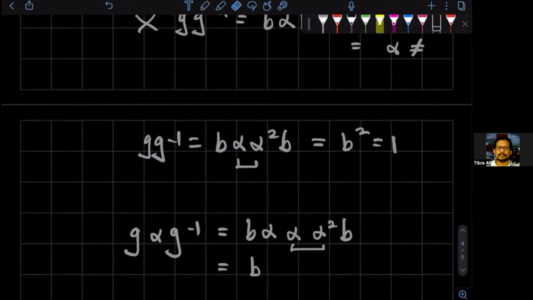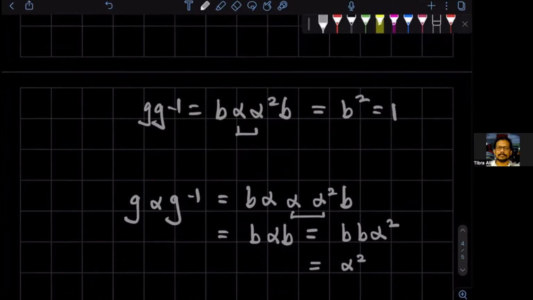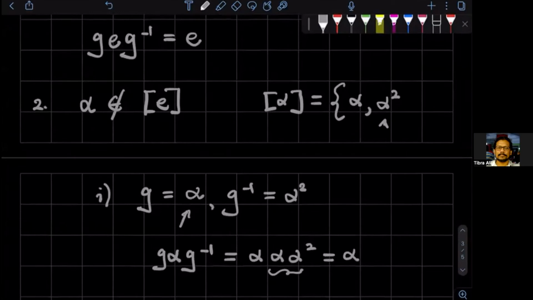So, yeah, sorry about that. So B alpha B, which is B alpha squared, right? And therefore, this is going to be alpha squared. So we see that that element is already included.